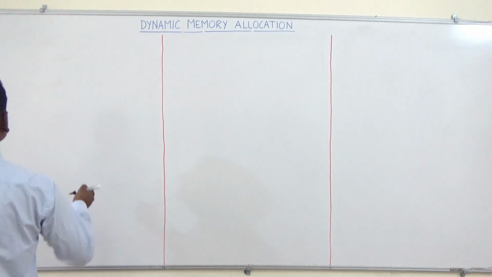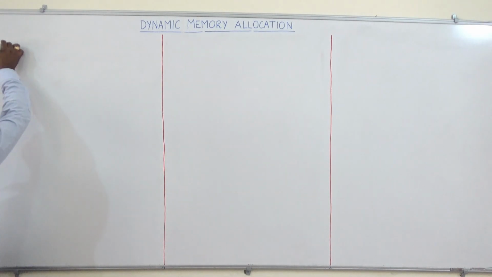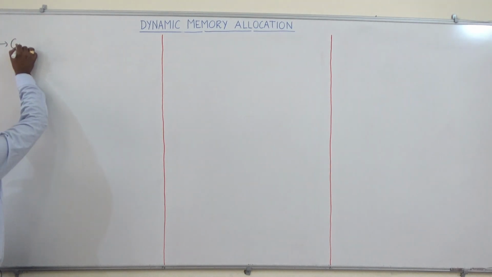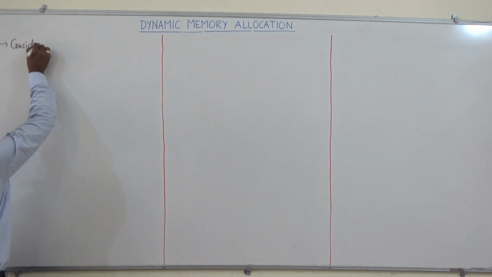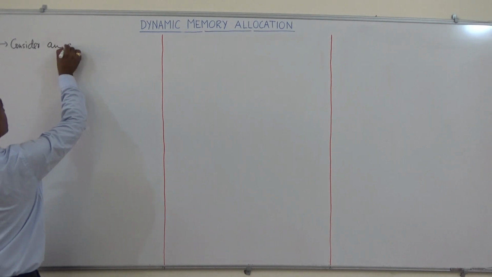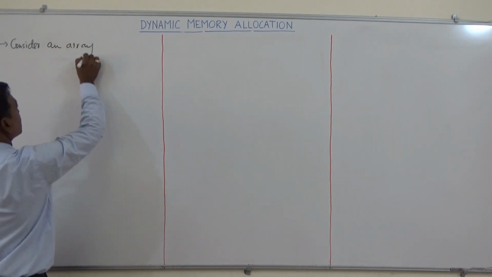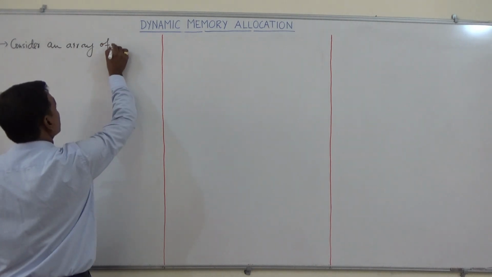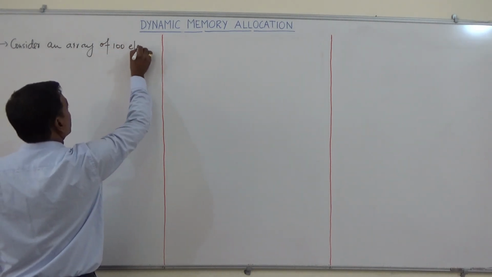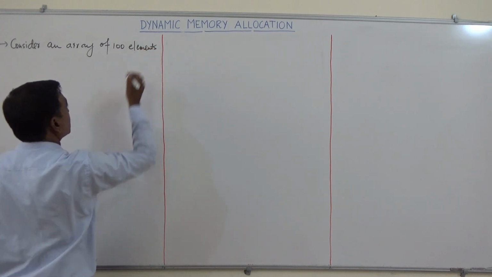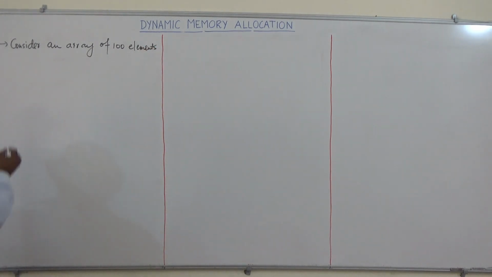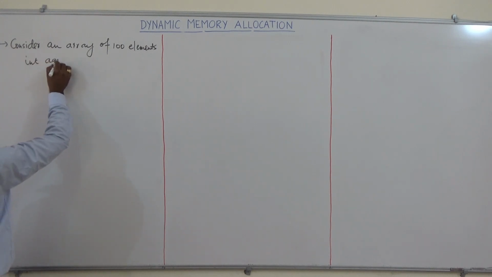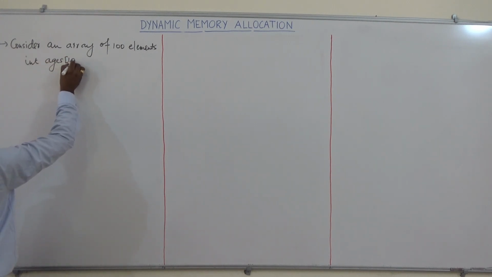First of all, let us consider an array of 100 elements. Say int age[100].